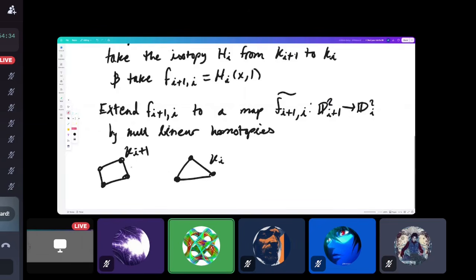We have a map that sends K(i+1) to Ki by taking this vertex here and moving it to this vertex here. So we're extending this map to the disk that fills in K(i+1) to the disk that fills in Ki.